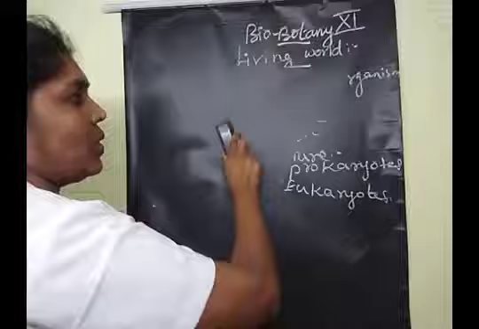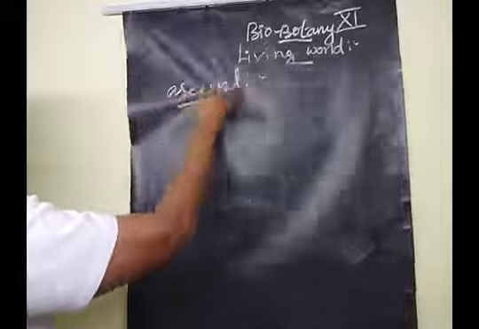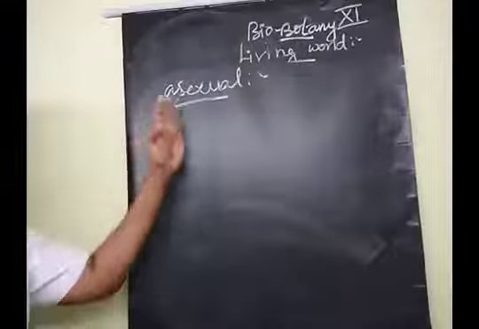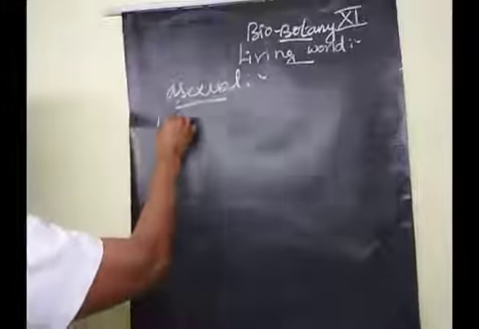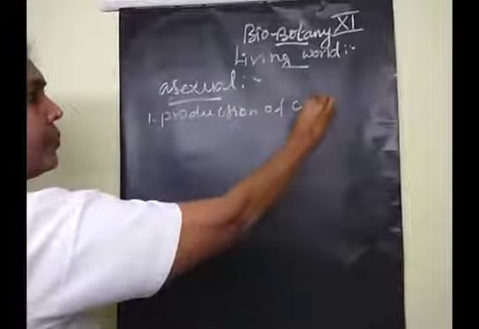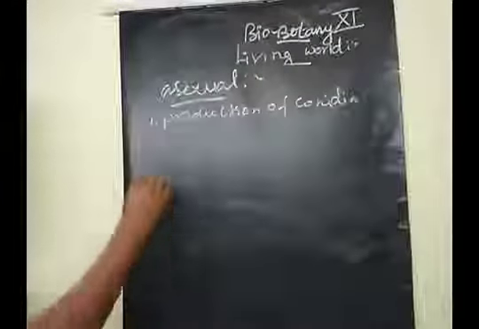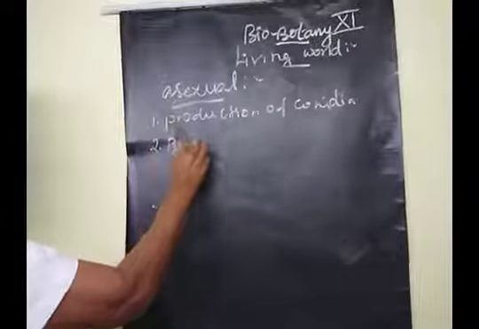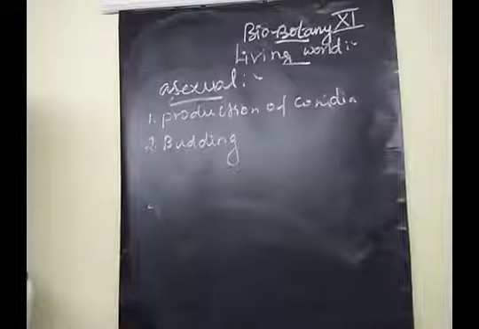The next one is reproduction. There are two types: one is asexual and another one is sexual. In the asexual method of reproduction, certain methods are given for living organisms. First one is the production of conidia. The second method of asexual reproduction is budding. After this, I'll ask questions, children, so all of you listen carefully, okay?